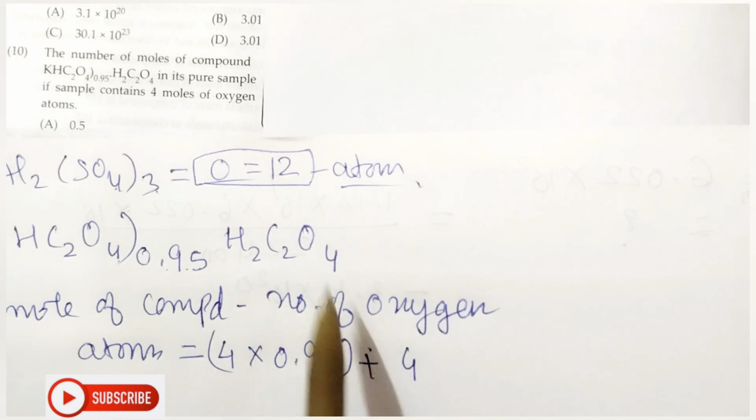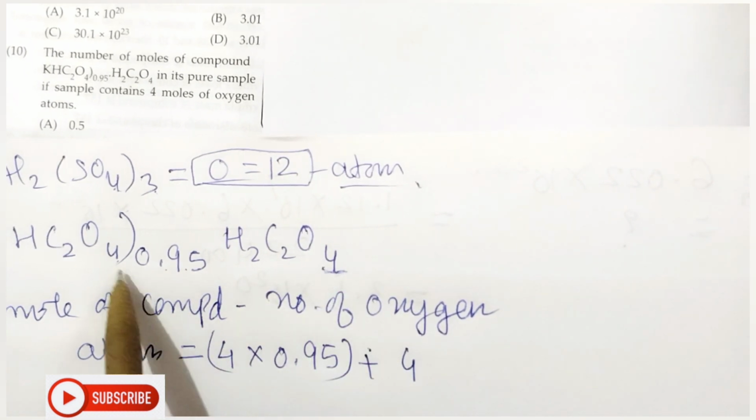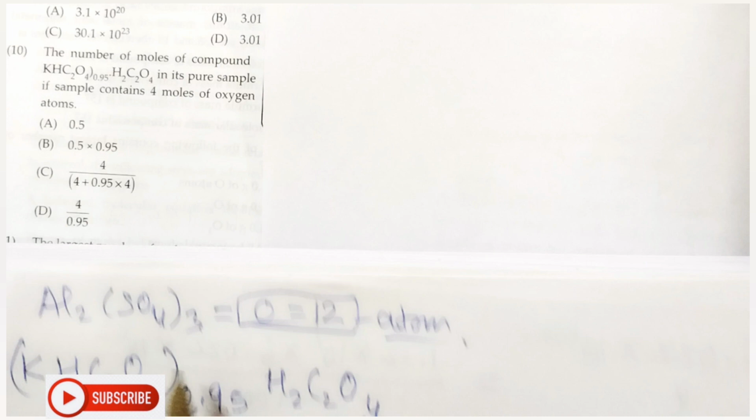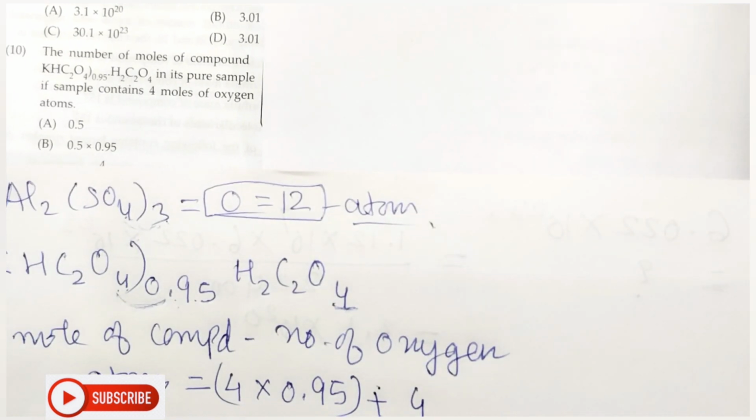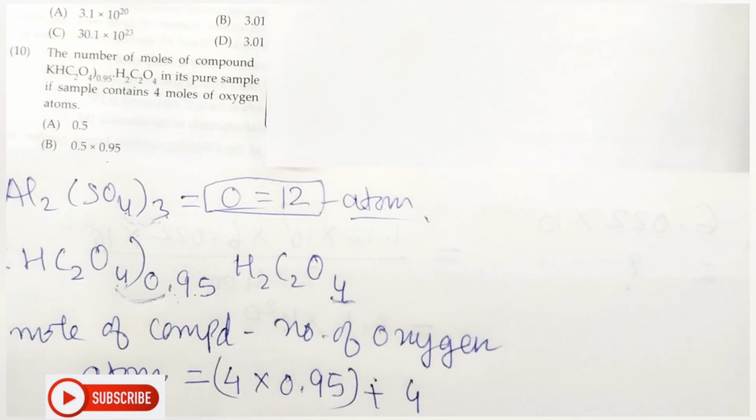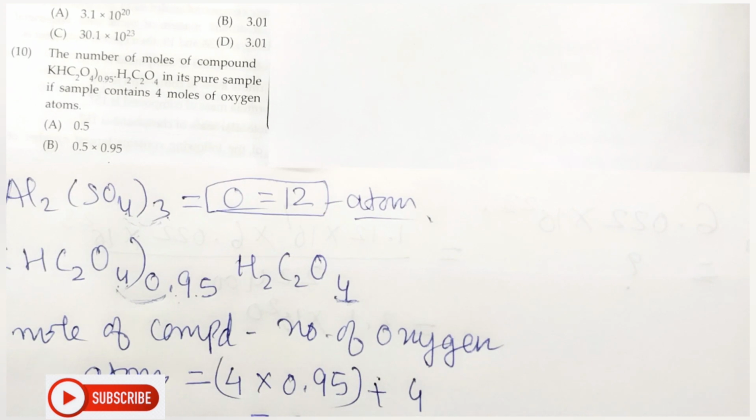Where did I get this 4 from? This is 4, and for this I will multiply in the same pattern as we do in this type of compounds. So it will be 4 multiplied by 0.95. If you do the calculation here, you will get a total of 7.8 moles.